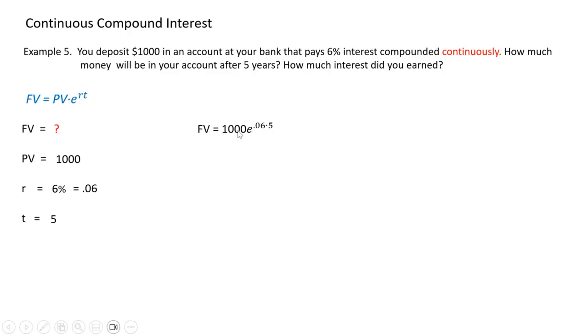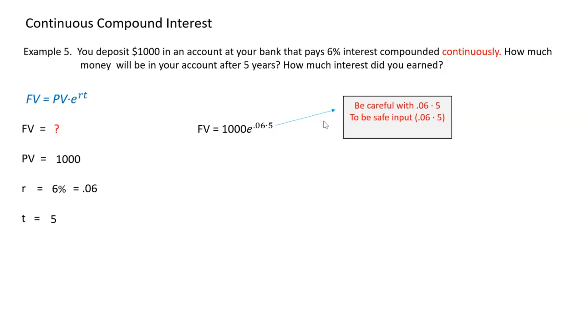Plug everything into the formula. Make sure that you put parentheses, guys, because at times students make errors because they don't put the parentheses on the exponent. Okay. So anyway, guys, this should be my answer.